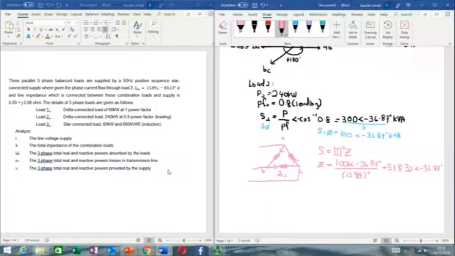The easiest way to solve all these questions is to convert all the delta-connected loads to star connection. Once you get the Z value for delta, we need to convert it to star.